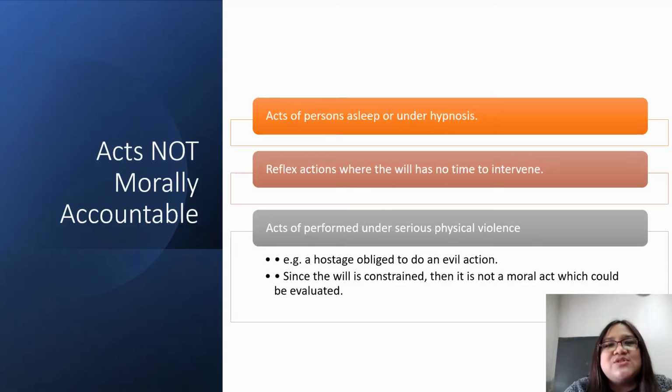Now, based on our actions, there are certain activities that even done by a person himself, he is not morally accountable, meaning he will not be held liable. What are these examples? If the person does something in his sleep, he is unaware of what he is doing, right? So, we cannot say that he is aware of what he is doing. Hypnosis. I may not have seen anyone being hypnotized face to face, but I have watched documentaries that people were hypnotized to do things out of their own free will.